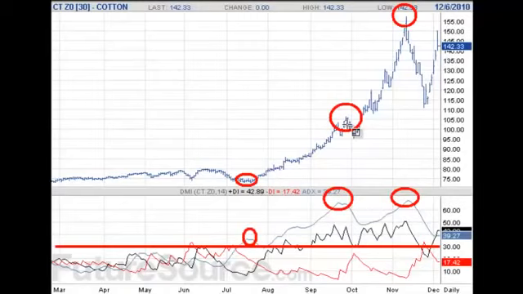Now, it didn't call the exact top, and we'll get into this in part 2 in the next video, but it called a top. Okay? The market breaks out again. The ADX turns up with the breakout, and then it calls the top here when the ADX hooked down.